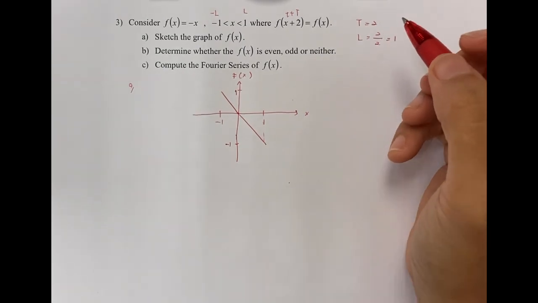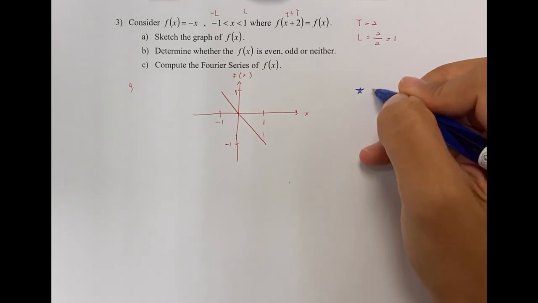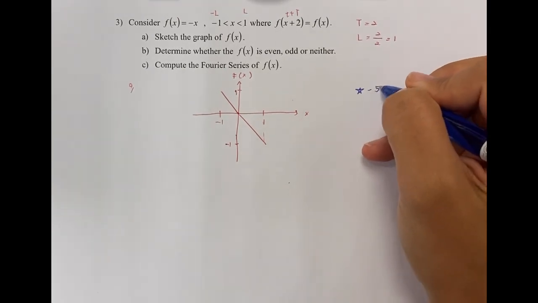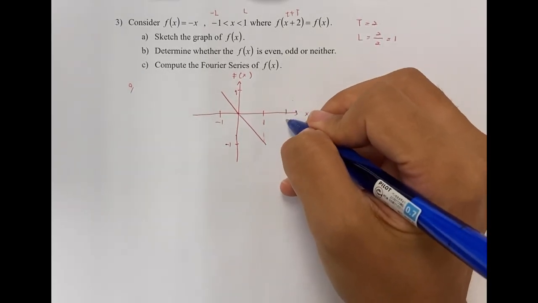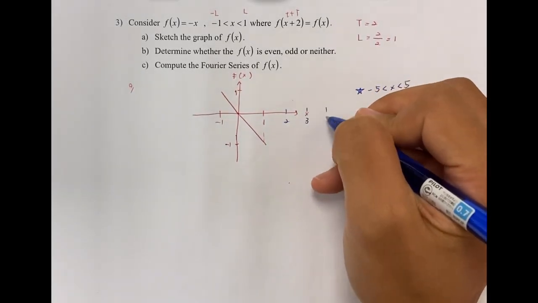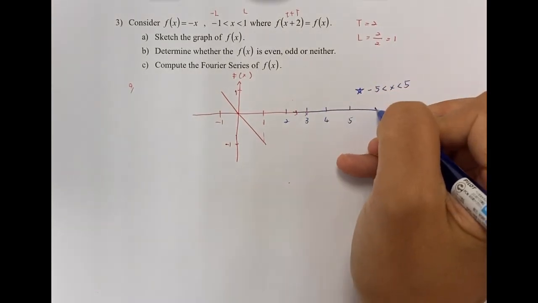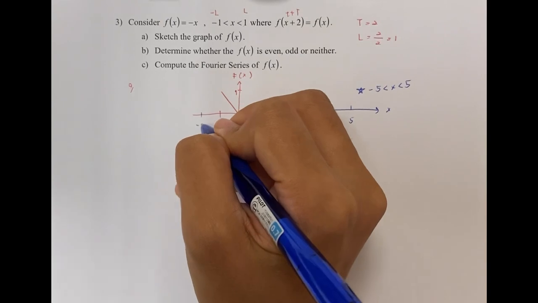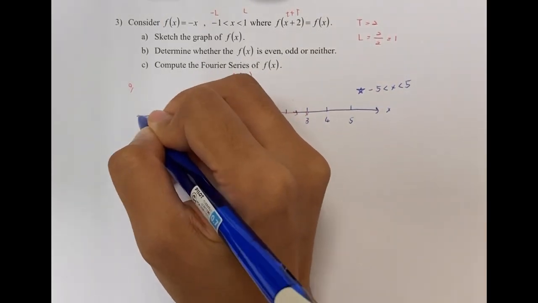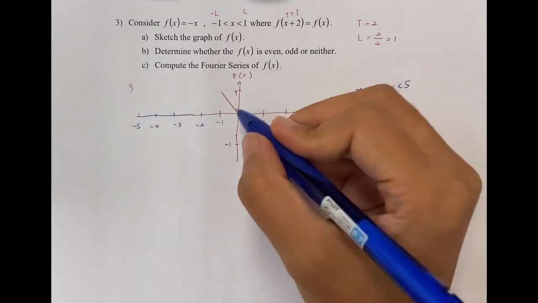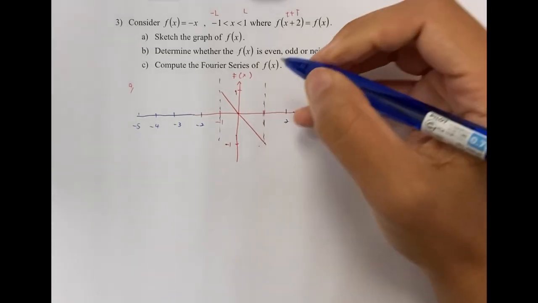So you have this line. And if I extend this to negative 5 and 5, so you have 2, 3, 4, and 5, and then negative 2, negative 3, negative 4, negative 5. So this is the first period. Then just repeat.